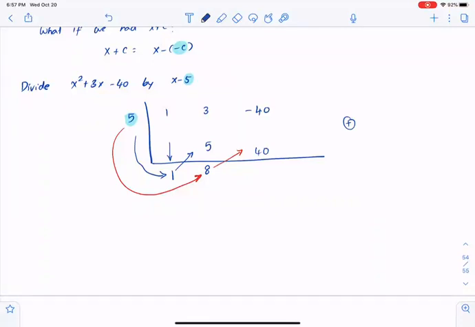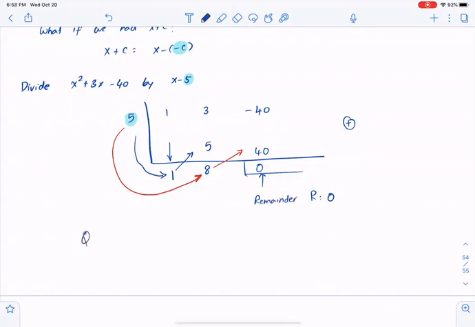I'm going to add, so negative 40 plus 40, I get 0. The last term, I just box it in such a manner. So what does this mean? This simply means that the remainder is 0. So the remainder is right here.